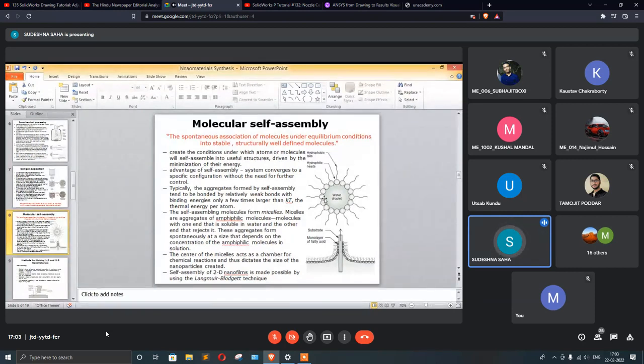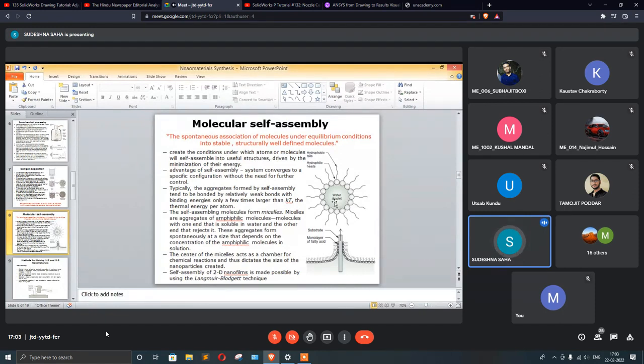If you put them into water, they will arrange themselves to create this kind of structure, with the hydrophilic part going to the water side and the hydrophobic part going to the other side. In that way they create self-assembled structures, and the core of these structures can be used for nanomaterial preparation.